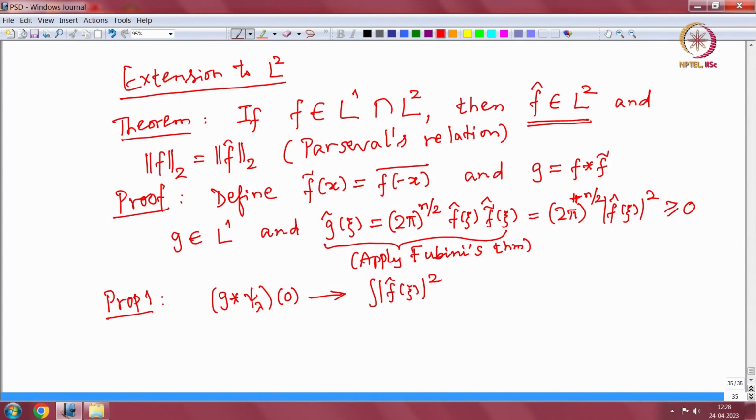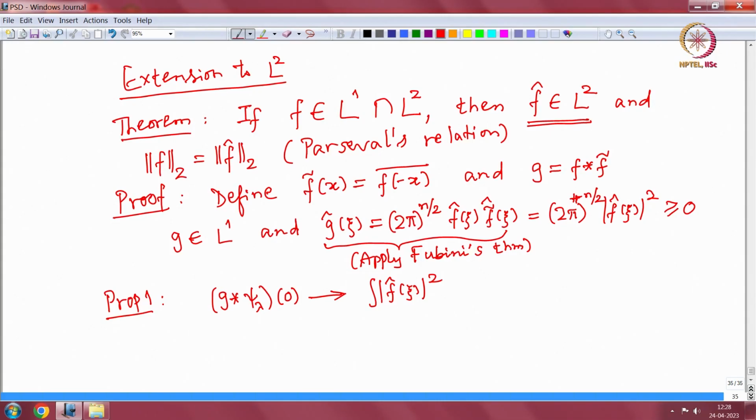So we might try to extend the definition of the Fourier transform to L1 functions, and in this direction let me start with this theorem. If f is in L1 intersection L2, then f cap is in L2, and the L2 norm of f is the same as the L2 norm of its Fourier transform.